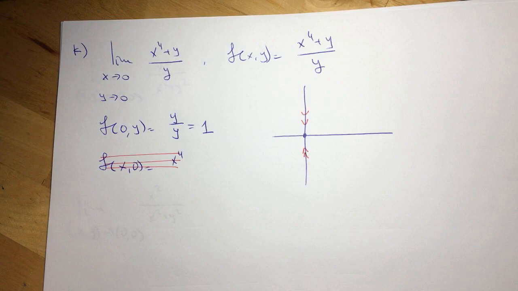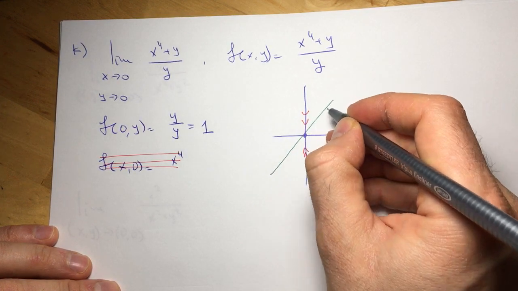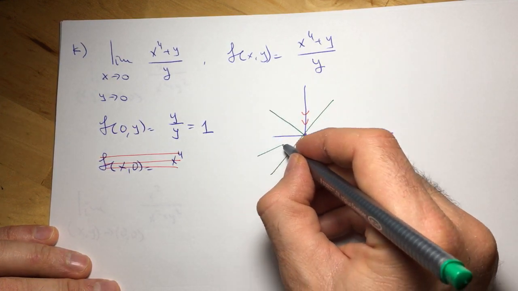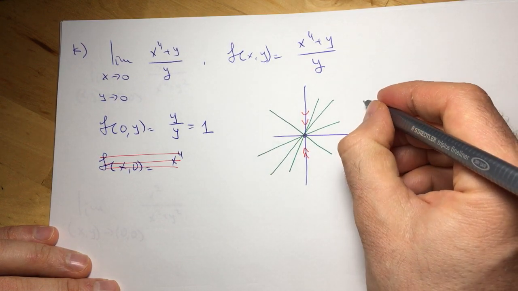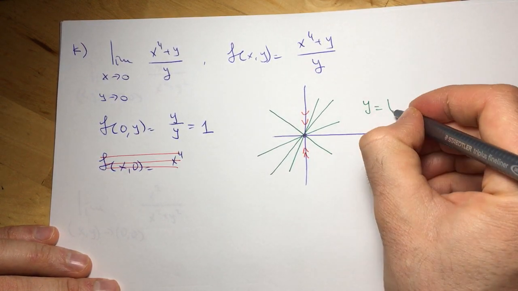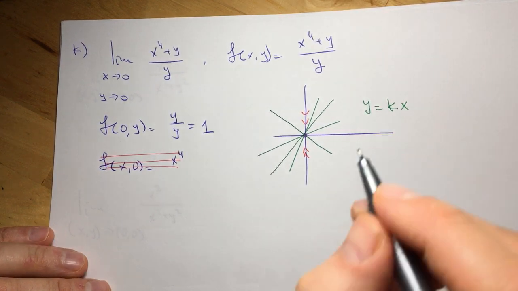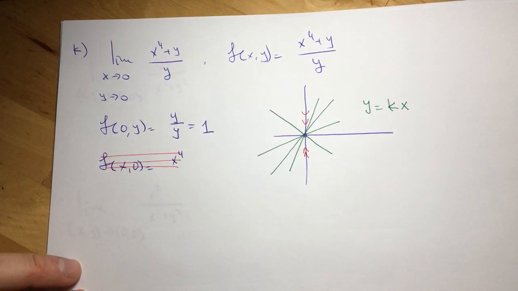So I need to find another path. Let's, for example, take any line that crosses through the origin. That means y is equal to any constant k, positive or negative, times x, with k different from 0.